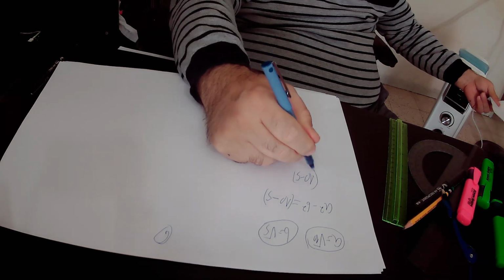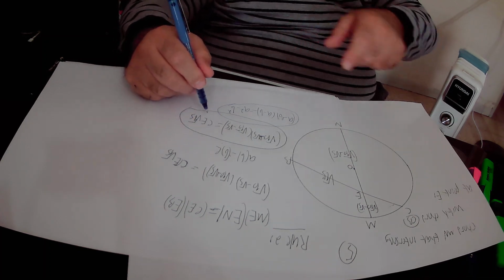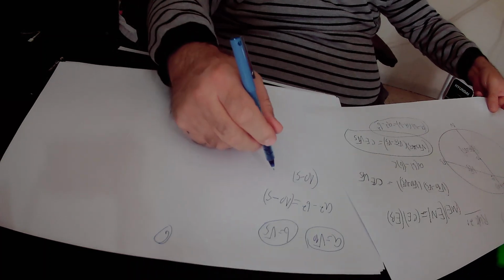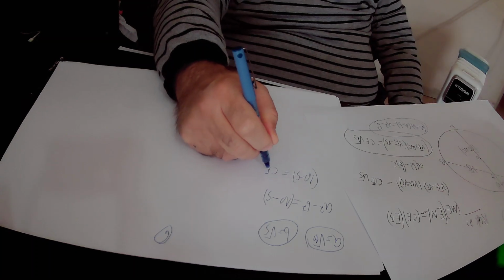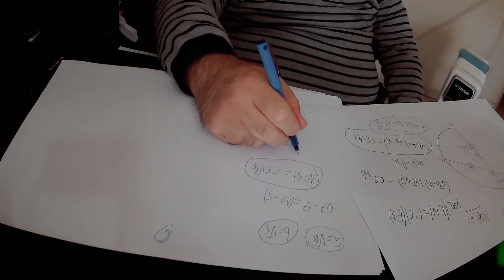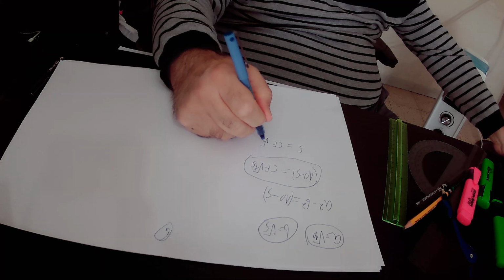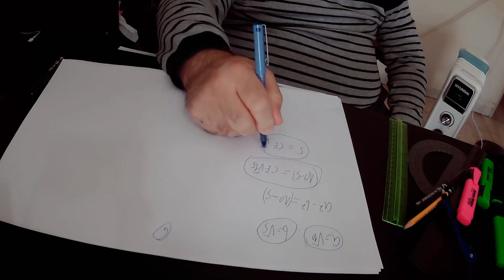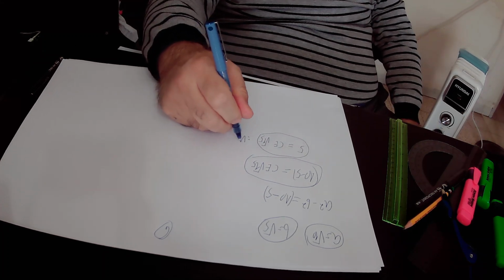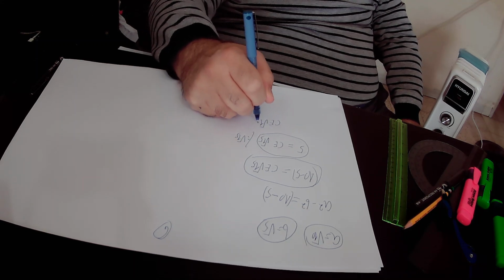And according to rule number 2, it is equal to CE times square root of 15. 10 minus 5 is 5, so 5 equals CE times square root of 15. Here we will divide this equation by square root of 15, and we will get that CE equals the square root of 15.